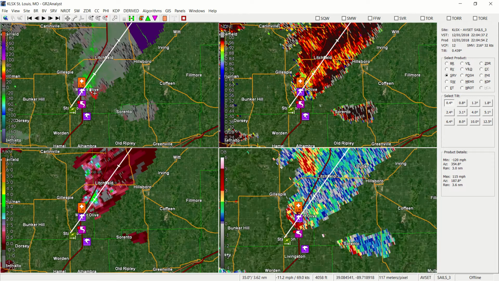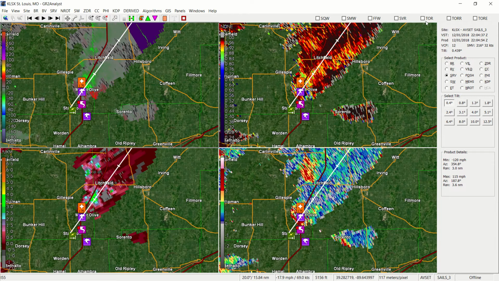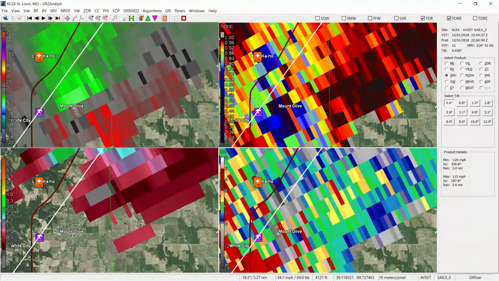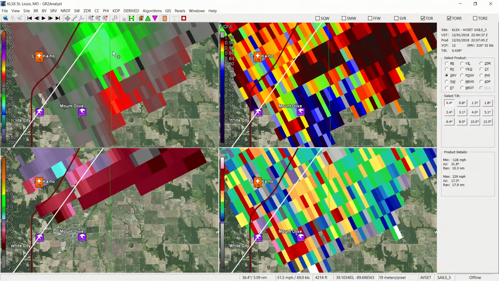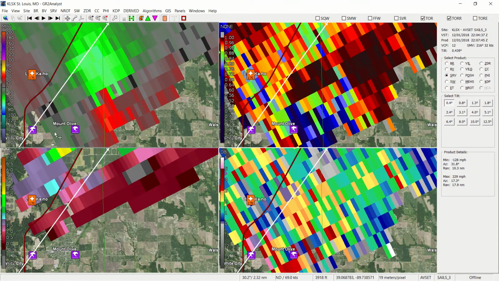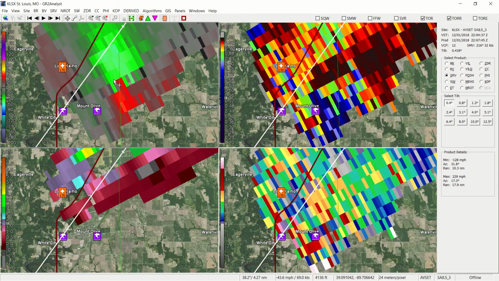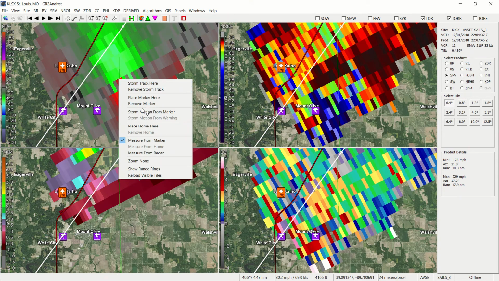So it'd be enough for me to issue something. And if you go into Tor, of course they don't have anything marked. That definitely starts to pick up in strength. More tornado reports out of this. Still not correlating with a clear debris signature.